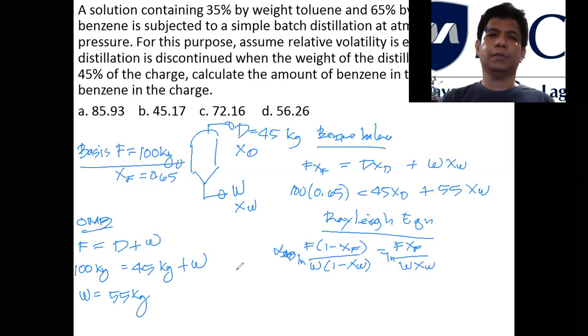Okay, so just substitute. Alpha AB is 3, as given in the problem. Times ln of F, F is 100, times 1 minus 0.65, over W, W is 55, times 1 minus XW.